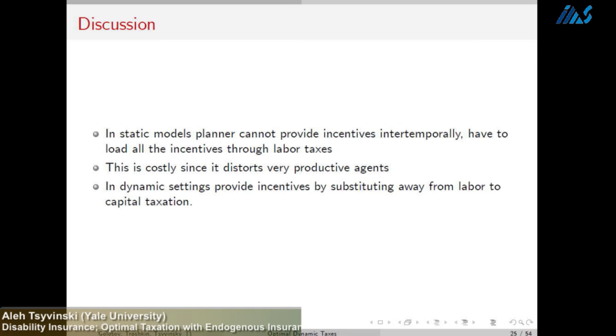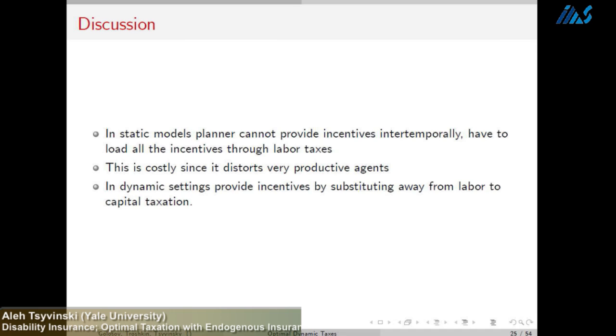In the dynamic setting, you can also shift some of the incentives to the future by providing, in the right way, the promised utility. So in this particular setting that I described to you, lowering the labor taxes is possible because I essentially substitute for the capital tax. I don't have to use that high of a labor tax.